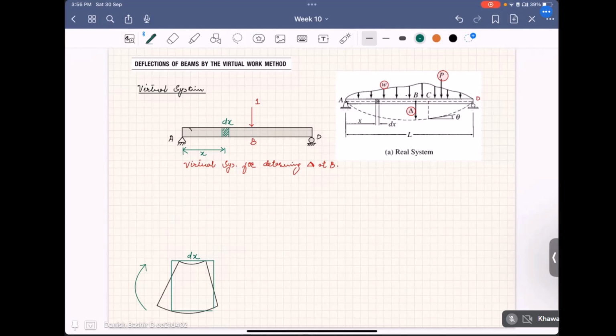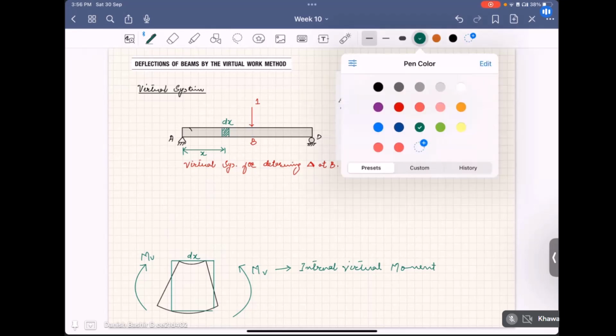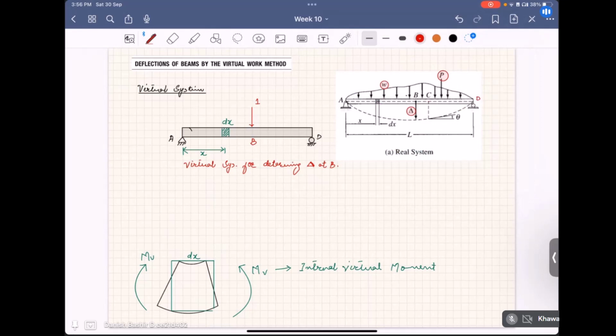That's what is causing the bending in this element dx. Mv, what we call Mv, is the internal virtual moment. So for the internal virtual moment Mv developed like this, there will be a total slope change, or rotation, of d theta.